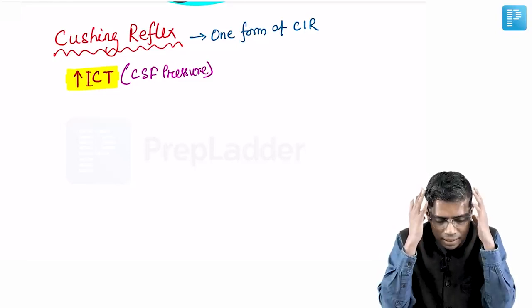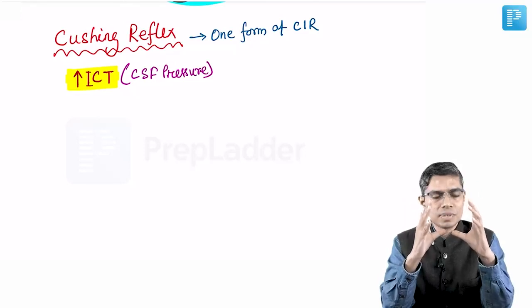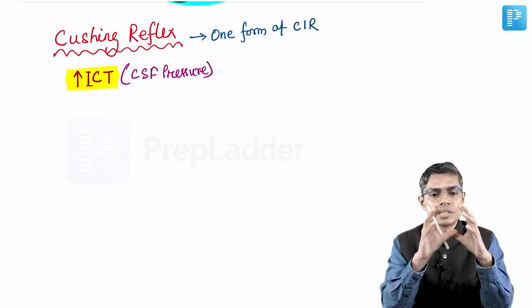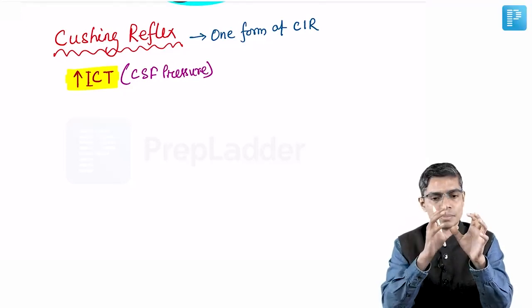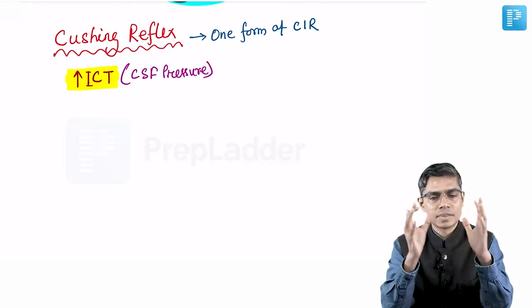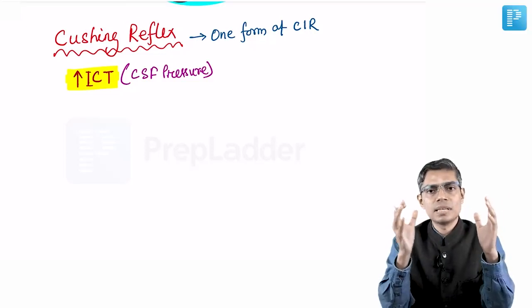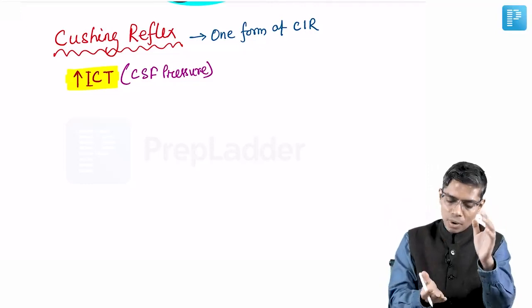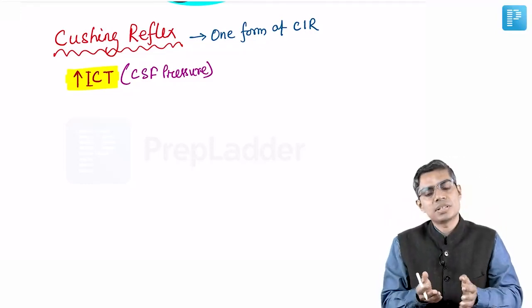What is that? It is said that the cranium maintains a fixed volume inside it, and that volume is a combination of brain volume, CSF volume, and blood volume. The sum of these volumes will always remain constant. That is the Monro-Kelly principle. So whenever one of these pressures or volumes is high, here the CSF pressure is high.